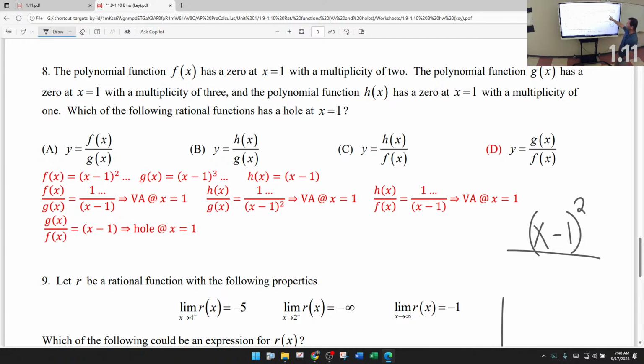The polynomial g of x. Oh, this is f of x. G of x has a 0 at 1 with a multiplicity of 3. Yuck.